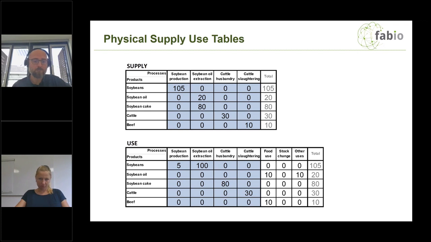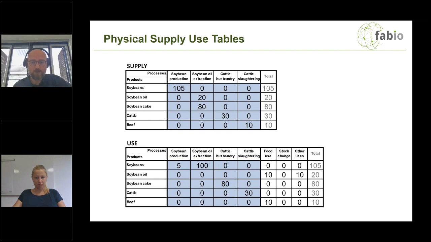And then we have the use table showing where these amounts of commodities that are supplied are then later used. So soybeans are used in this example as a seed for soybean production, as an input into soybean oil extraction. Then oil is going to demand. At the very right side of the use table, you see food use and other uses.